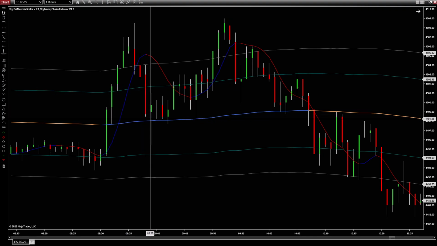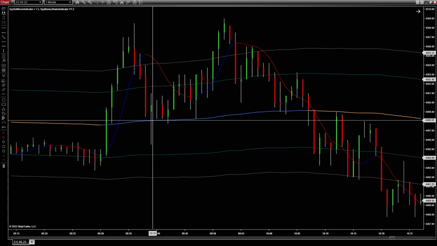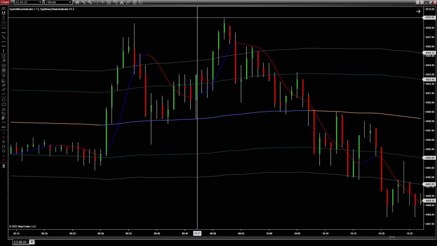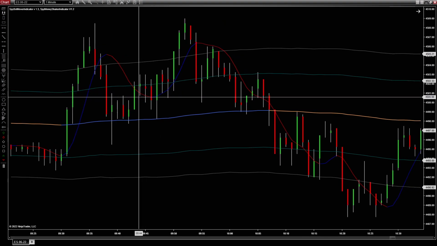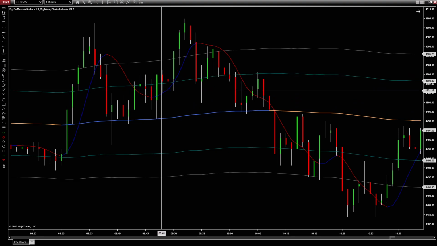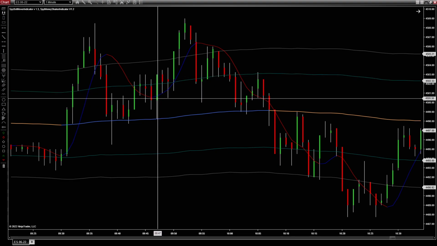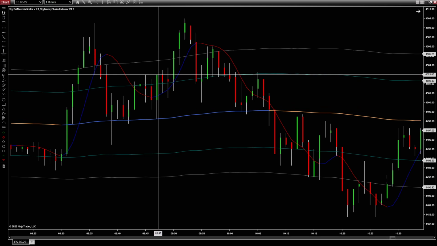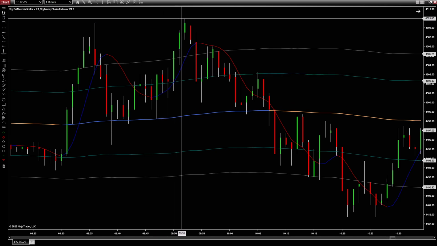So when this thing pulls back and comes back into the shaker, a lot of times people will get in and play the run back up. But once this closes over top of the mover, and then we have our entry here, because when this one closes, that'll turn that blue. We could actually enter here, which would be 45.03. That'd be the same trade.